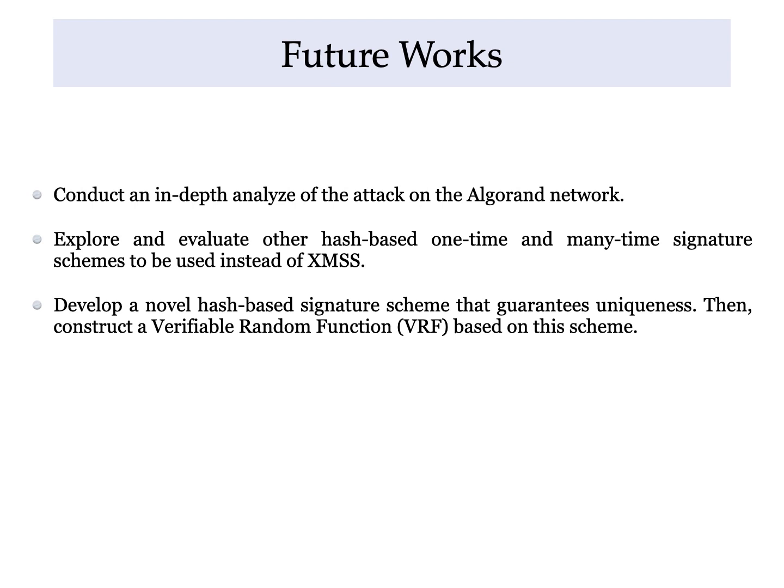Also, one interesting line of research is to check other existing hash-based signatures, one-time and many-time signatures, to see if they have a similar problem, and whether we can construct a secure VRF based on hash-based signatures with some small modifications to those schemes.